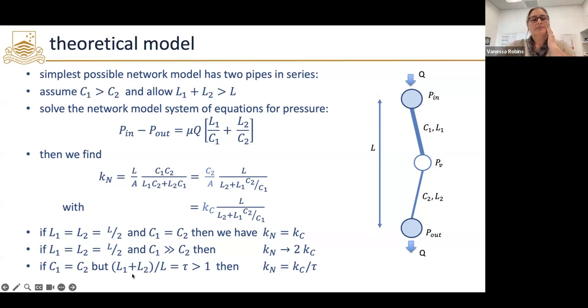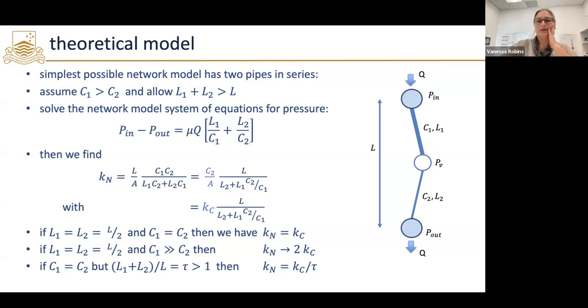When that happens, I see that the network permeability is equal to the min cut capacity divided by this ratio tau, okay? So tau is always going to be bigger than 1, and it's when it is significantly larger than 1 that we see the network permeability being smaller than the min cut permeability, okay?